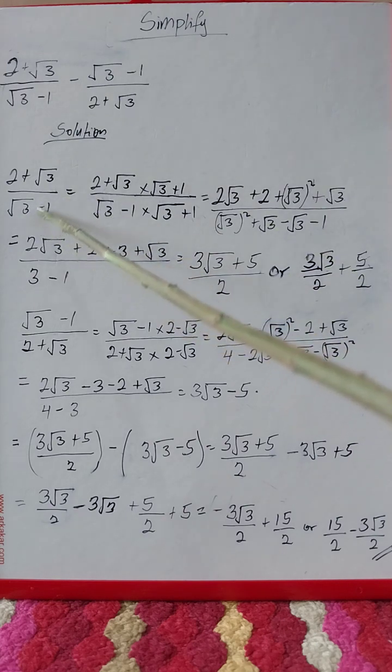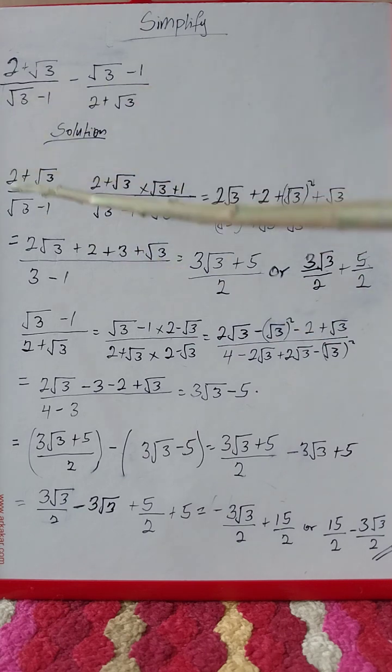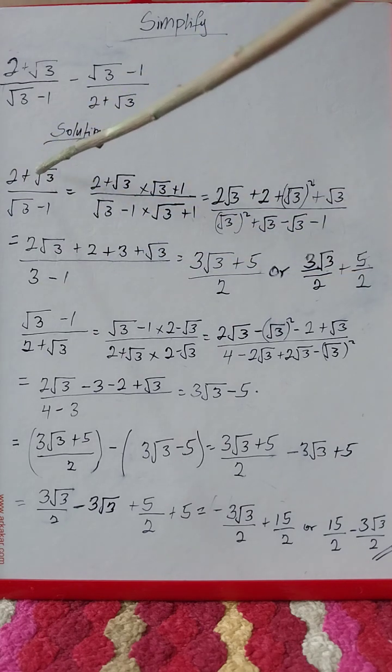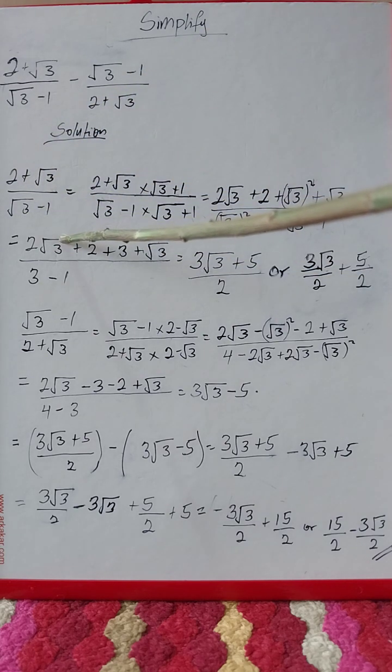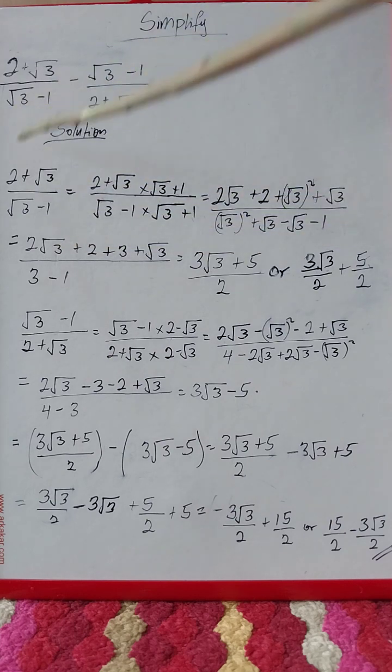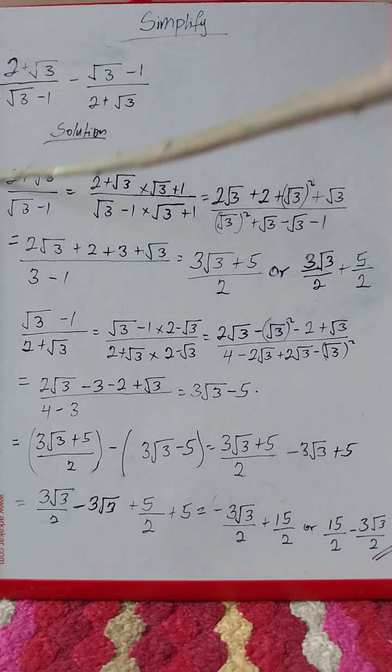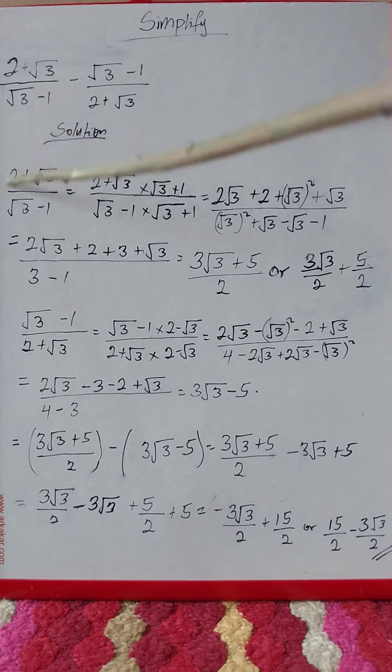If the sign is negative, you change it to positive. And we multiply the conjugate by both the numerator and the denominator. So that is how we find the conjugate surd.